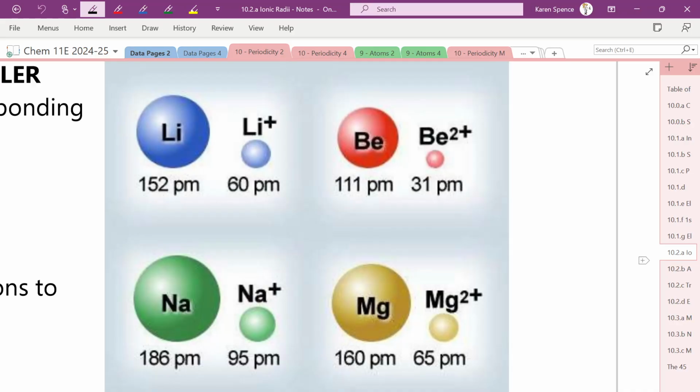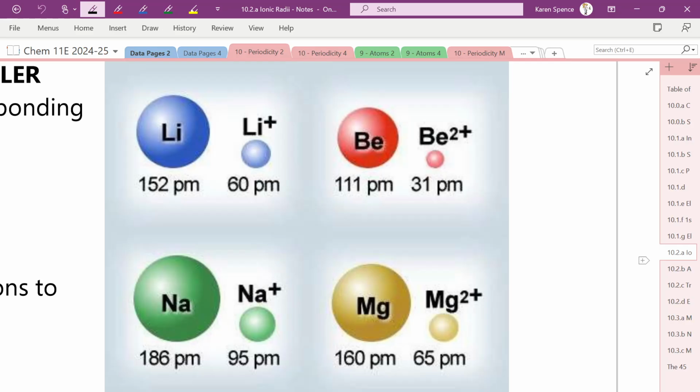What do we notice about our ions compared with our atoms? Why are the cations all smaller in radius? They lose an electron. Not only do they lose an electron, but they lose electrons from the valence shell, which empties it out.